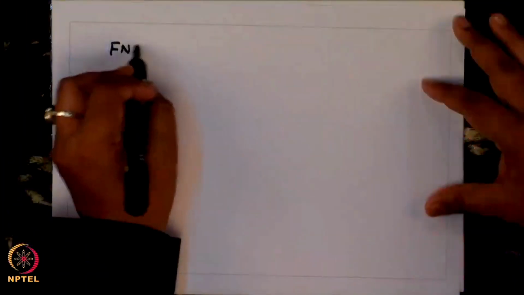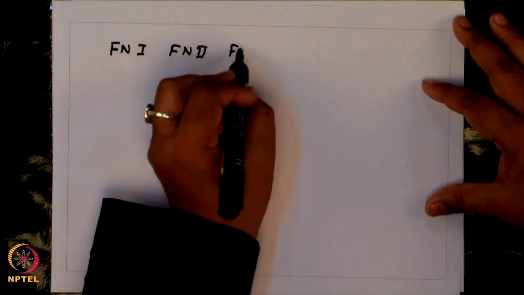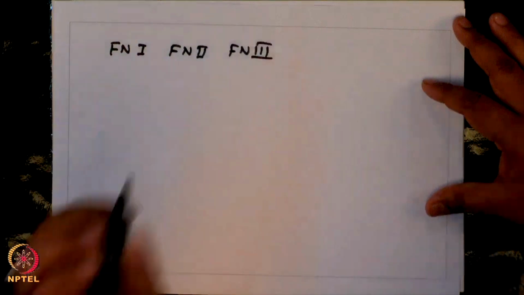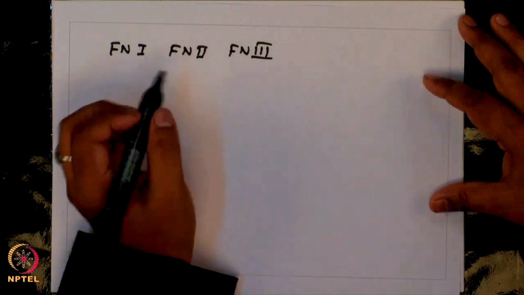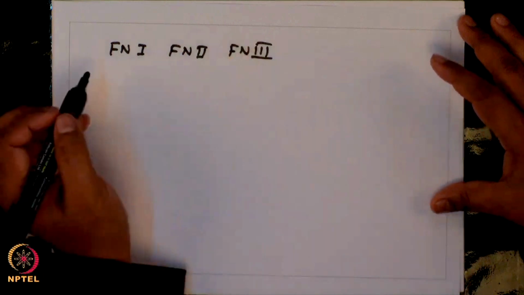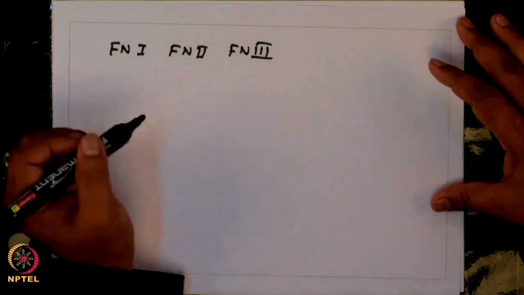Okay. So, let me once again introduce the structure of fibronectin. So, you have three modules FN1, FN2 and FN3, okay. And these modules are repeated. Okay. So, for example, one intact fibronectin molecule will probably have 28 repeats of FN3.